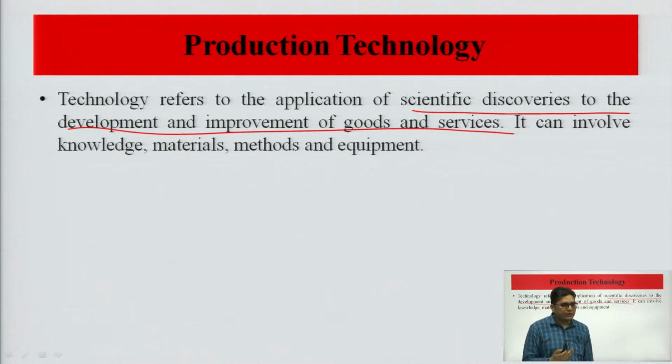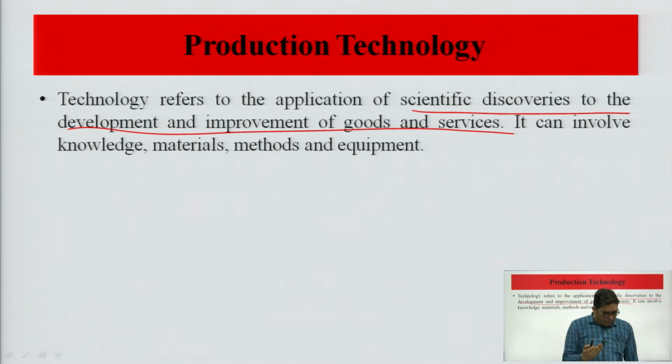So, production technology indicates that as an organization, we need to ensure that we have advanced technology in our units and manufacturing processes, which ensures that the productivity of the total organization is high.